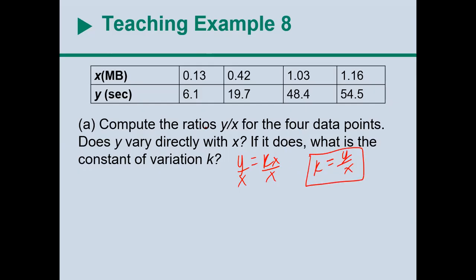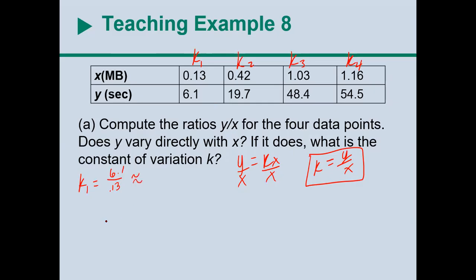So if I'm looking for the ratios for each one of these, I'm looking for their k. I'm looking for k1, k2, k3, and k4. And I want to compare them. Are you with me? Feeling okay? Okay. So to find k1, it's going to be 6 and 1/10 divided by 1300.